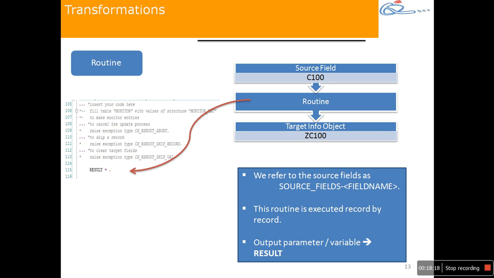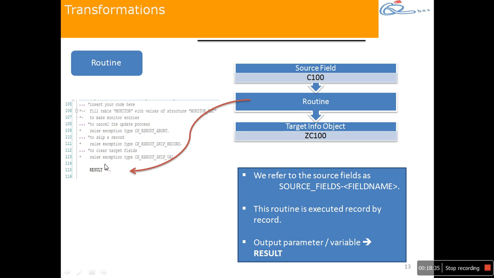Now when I say result routine, I've got source fields, I've got the target InfoObject. Now between the mapping I said routine. When you say routine, it opens up the ABAP editing screen where you will have a field called Result. Whatever value you assign to result will get into the target.